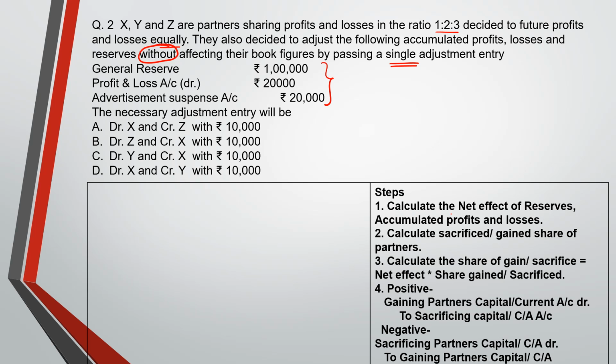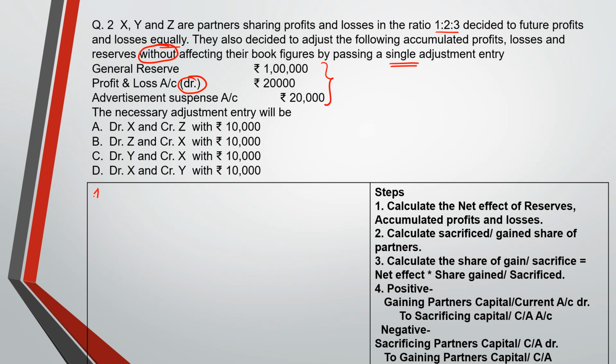First step: we calculate the net effect of all the reserves, accumulated profits and losses. The general reserve is 1 lakh. The profit and loss account, note that it is a debit balance, not a credit balance, so it is a negative amount. And advertisement suspense, where do you find it? We find it on the asset side of the balance sheet, as part of deferred revenue expenditure, so that is also a negative item.